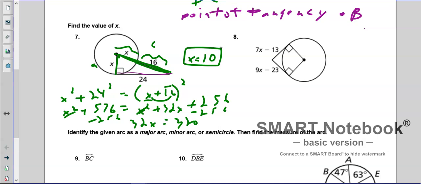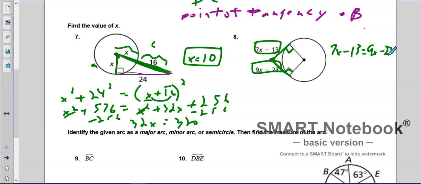On number 8, this is one of the simple ones. When you have a point out here in space and it goes tangent to the circle both ways, you know it's tangent because of the right angle, then this is just set equal to this. That's it. 7x minus 13 equals 9x minus 23.